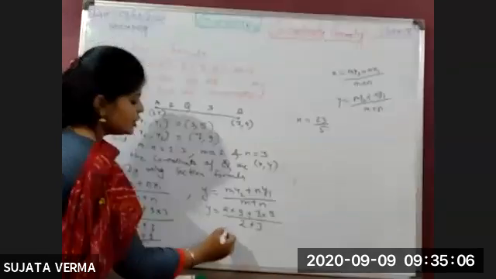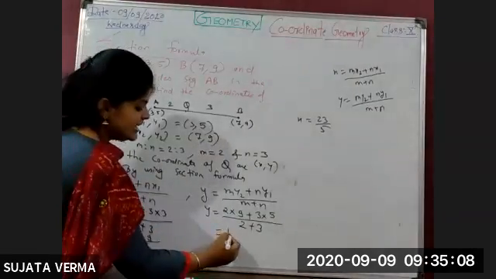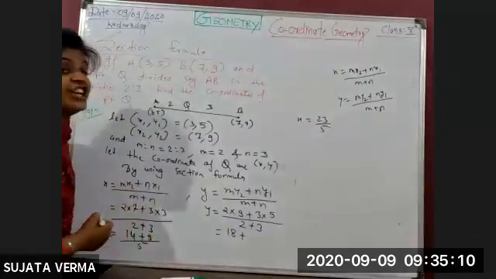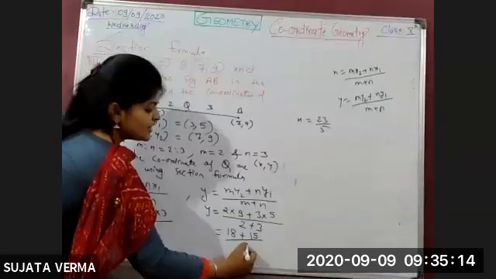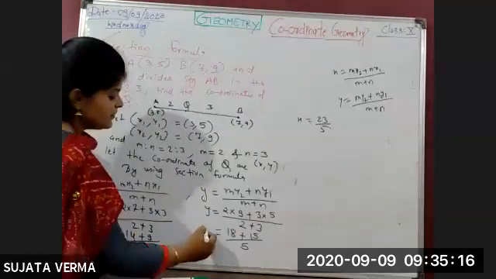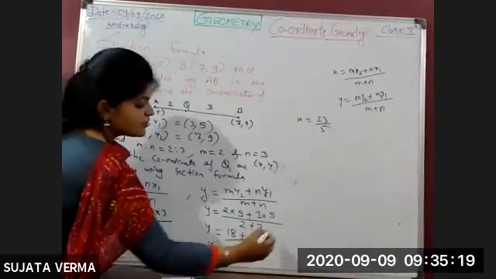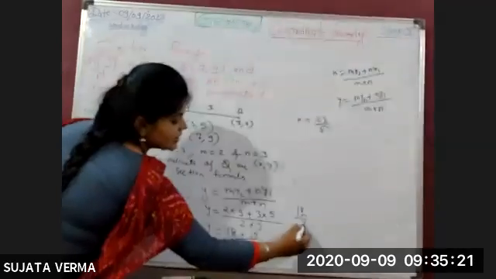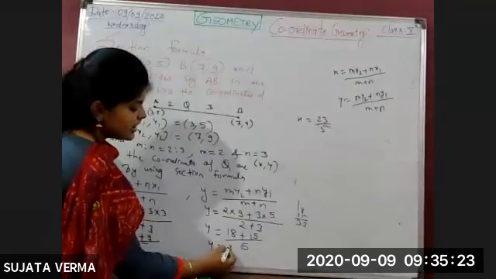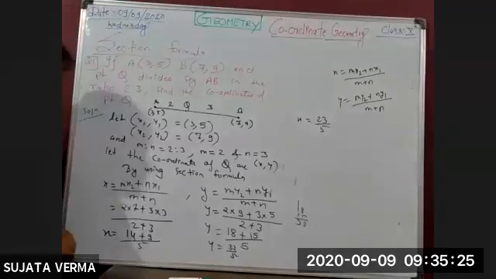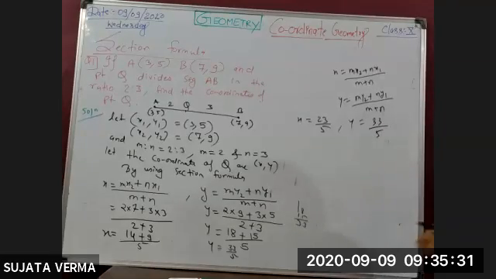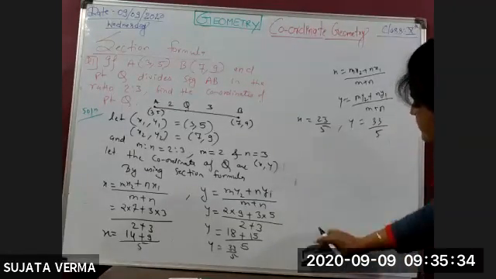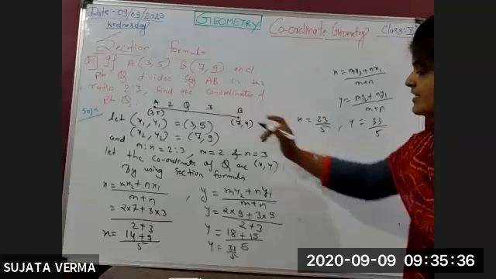Now solve. 2 nines are 18 plus 3 fives are 15 divided by 5. Then we get y equal to 18 plus 15, that is 33 divided by 5. So y is equal to 33 by 5. And finally, we write the answer in statement form.